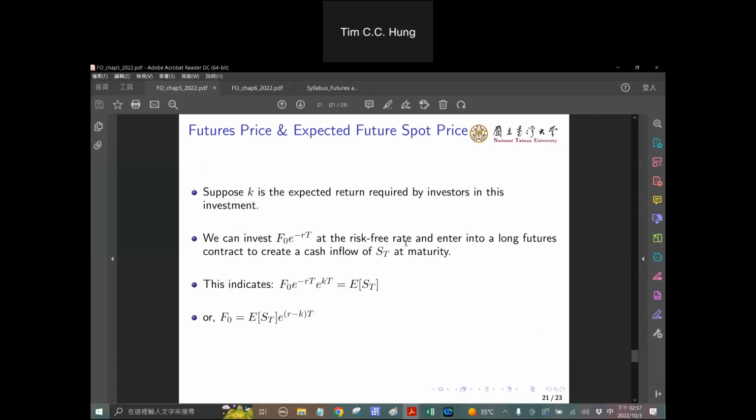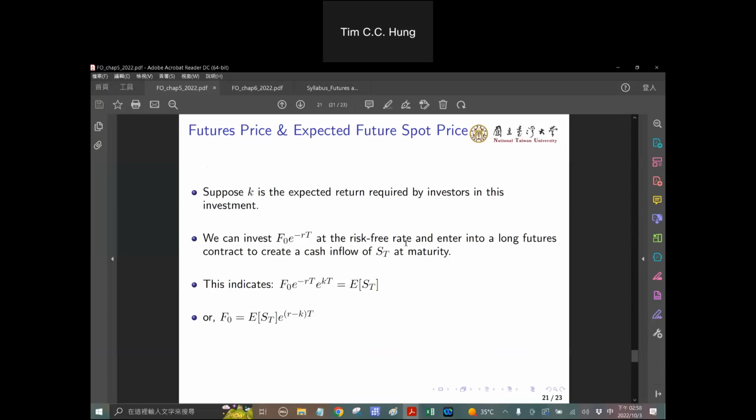Now let's think about how we take a futures price into our model. Suppose that we know that the futures price is F0, and this is the price to pay at time T at maturity to buy that underlying asset.